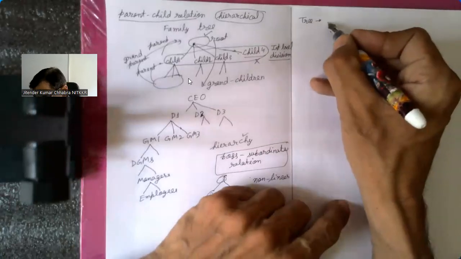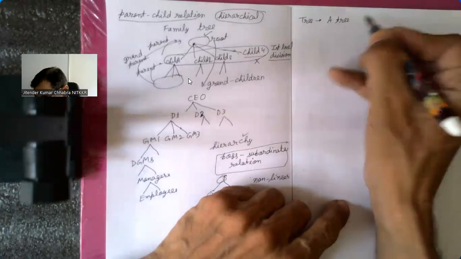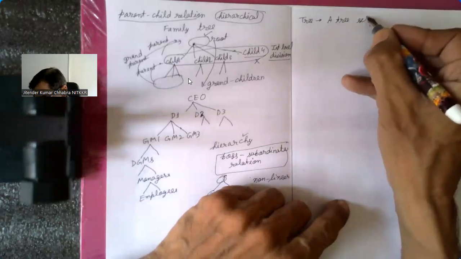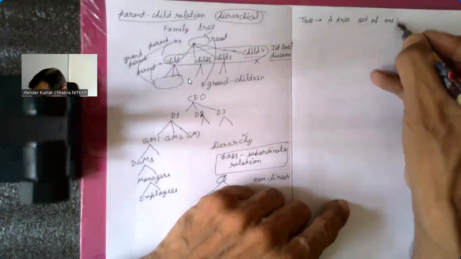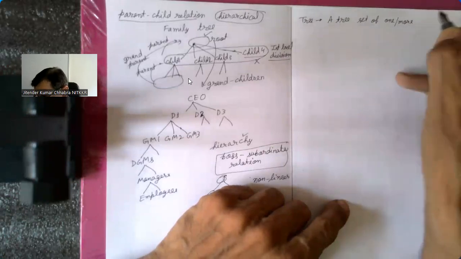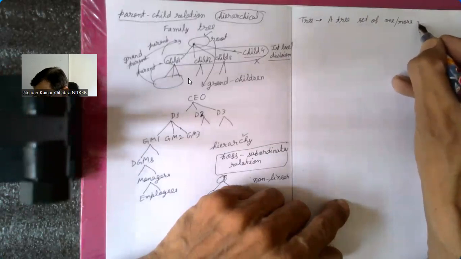So a tree is effectively a set of nodes. Now, a set of one or more nodes. So normally we say each tree has one or more nodes.